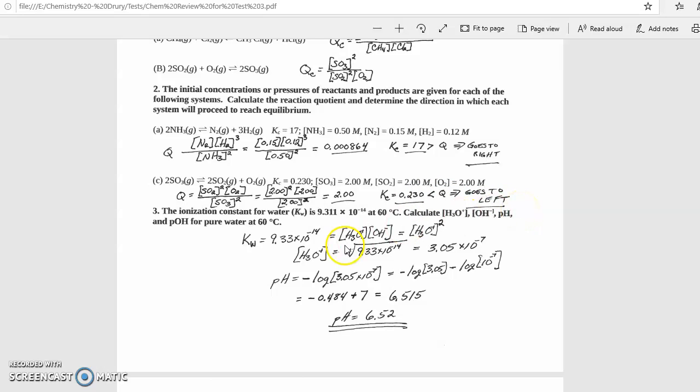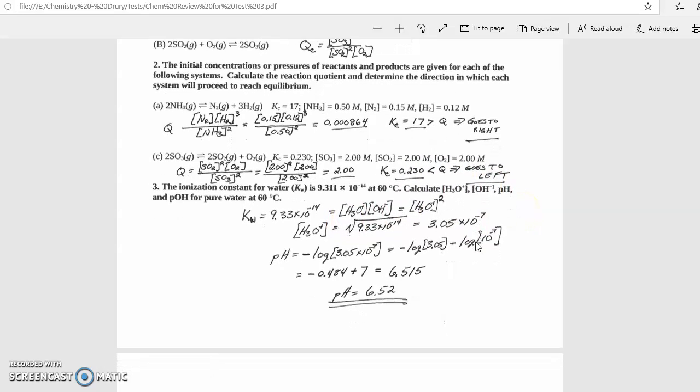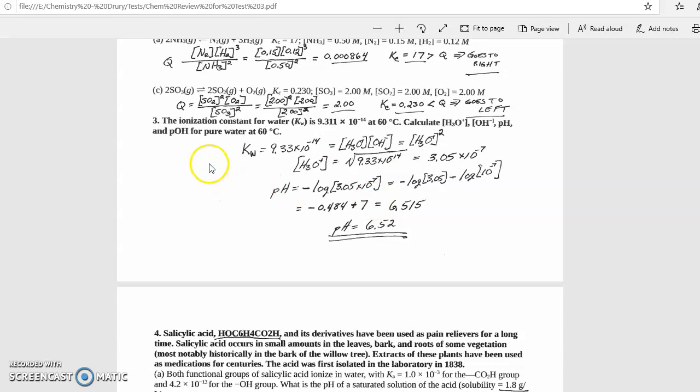Next, we have to do a concentration reaction, right? The ionization constant for water at 60 degrees is this, okay? Normally it's 1 times 10 to the minus 14th at 25 degrees centigrade. But raising the temperature also changes this ionization constant. Both your hydronium ion and your hydroxide ion are still going to be equivalent to each other, so that this equals one of those squared.